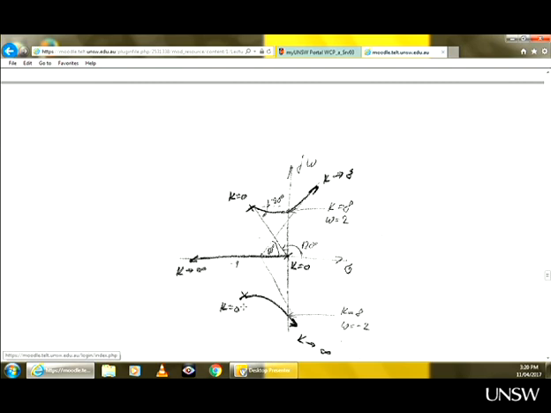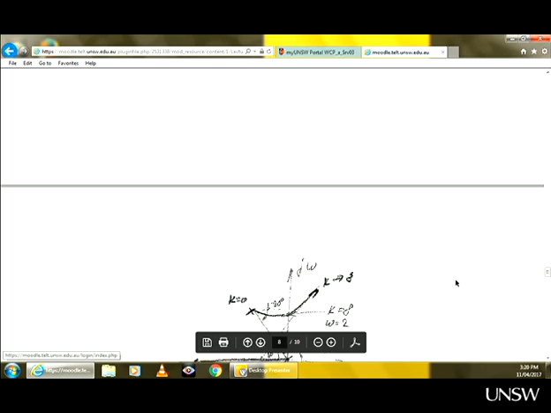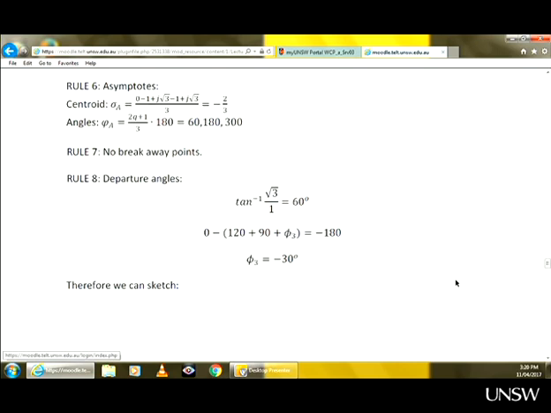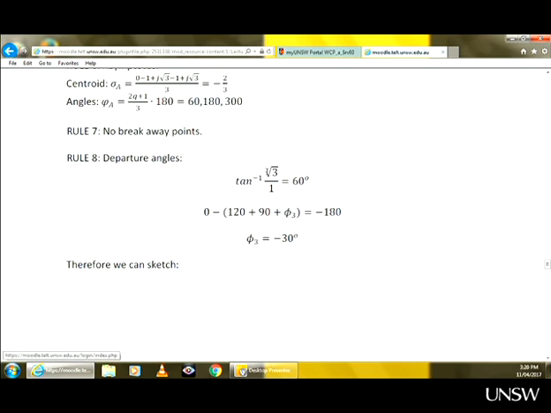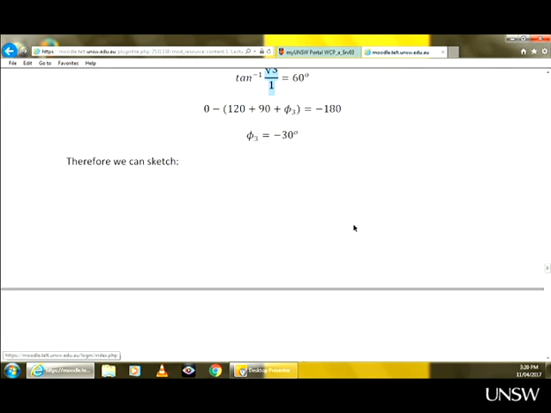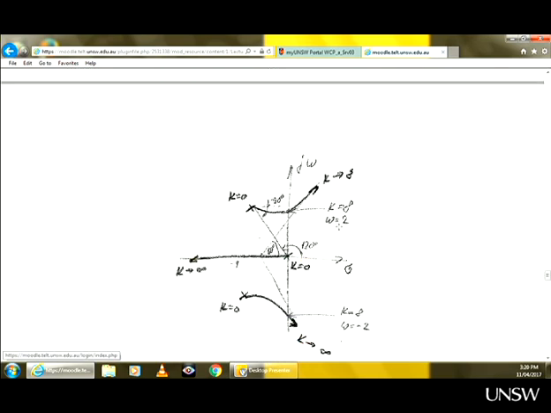This one we can find is 120. Why? Because this angle is actually inverse tangent of square root 3 and 1. This length is square root 3, this is 1. How do we know that?